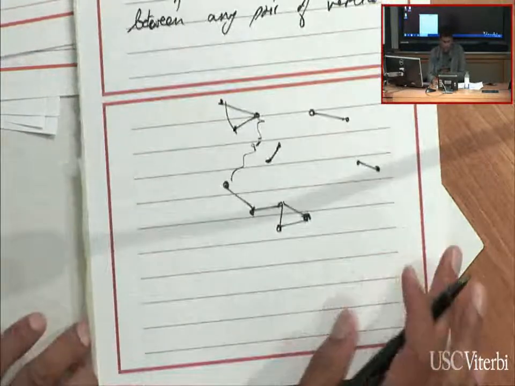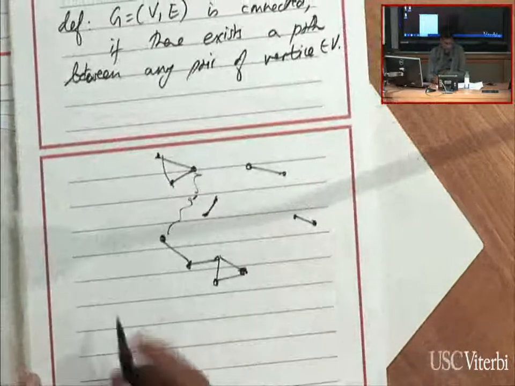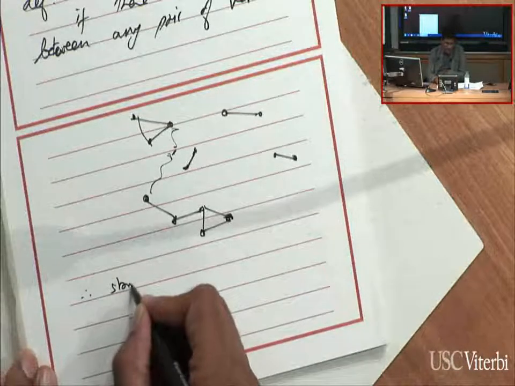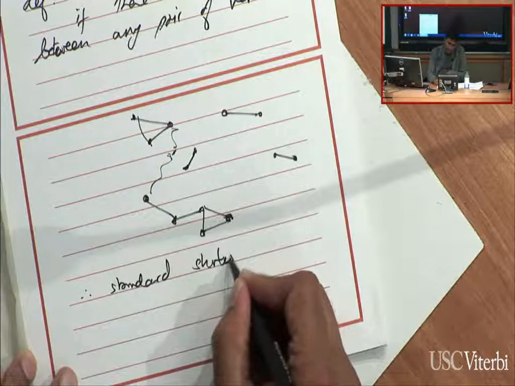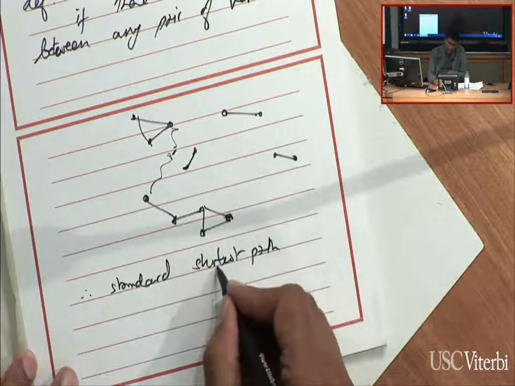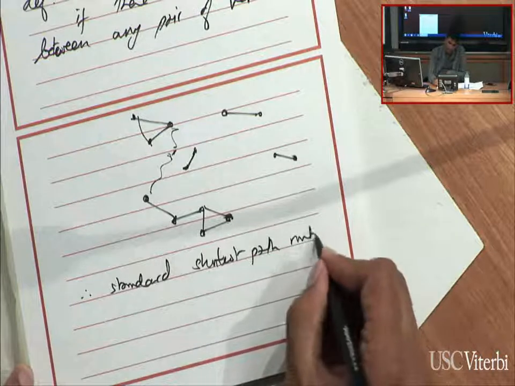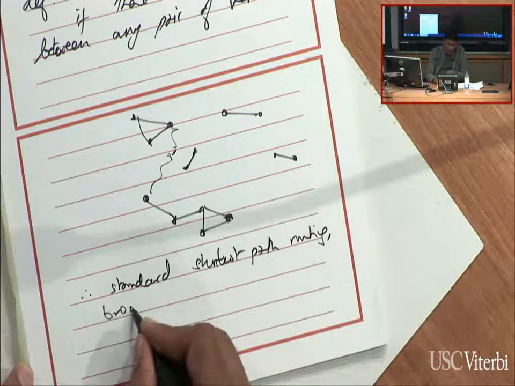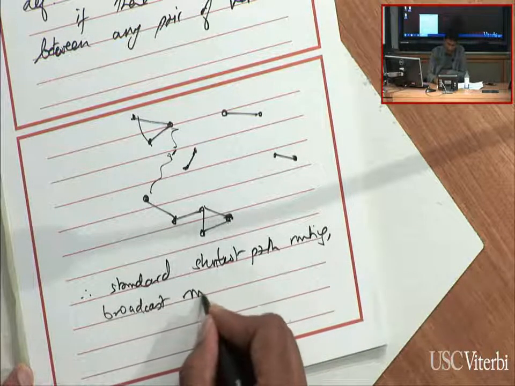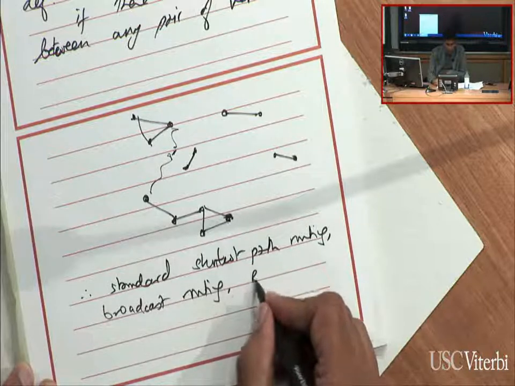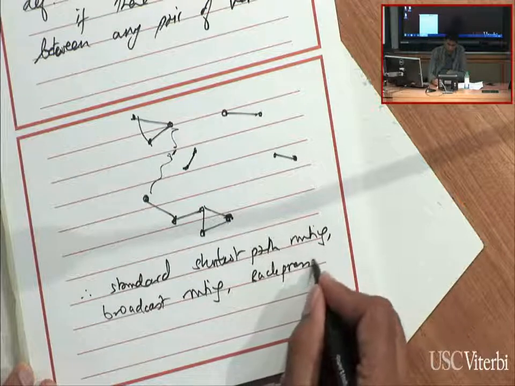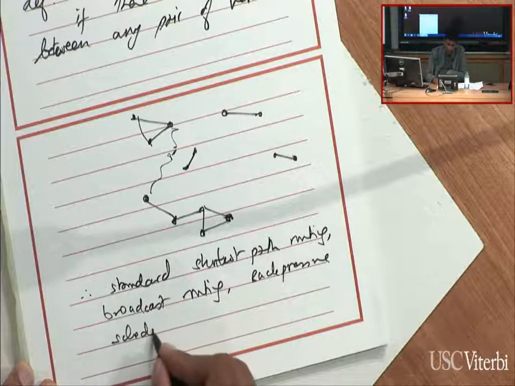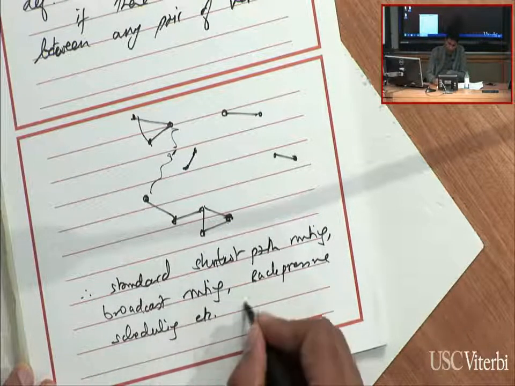So for this type of network, because the network is not always connected, standard shortest path routing, broadcast routing, the standard back pressure scheduling, etc., will not work.